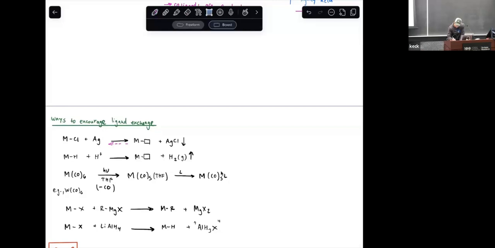Because triflate is a weakly coordinating anion. Then that generates the metal triflate salt, where the triflate counteranion is outer sphere.